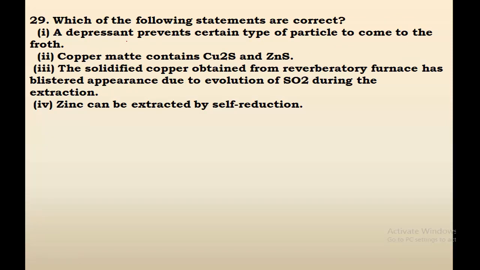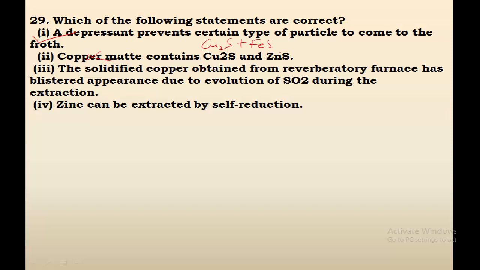29th, which of the following statements are correct? A depressant prevents certain types of particles from coming to the froth. Yes. Copper matte contains Cu2S and ZnS. No, it contains Cu2S and FeS, so this is a wrong statement.